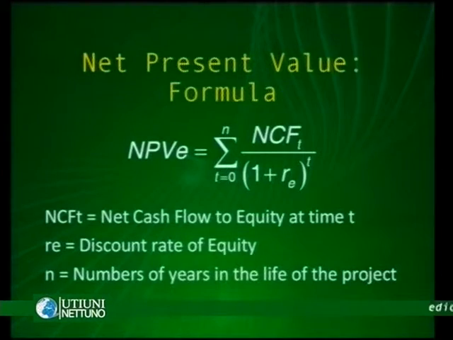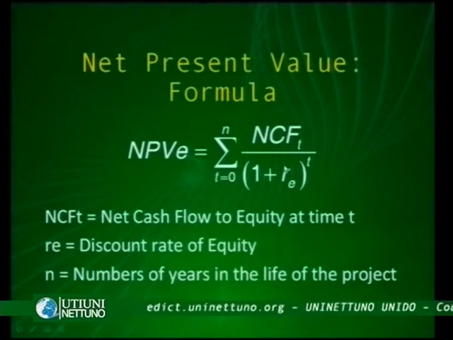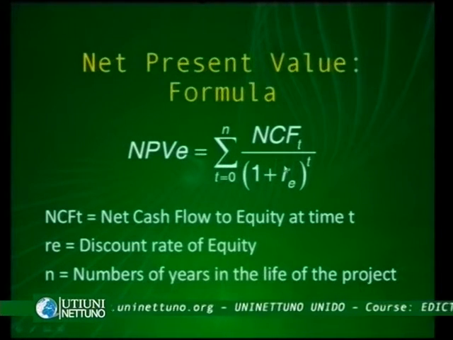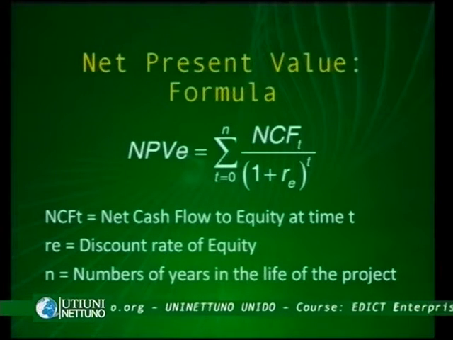The second difference as compared to the net present value to the total investment is that here the appropriate discount rate is not the discount rate for total investment, but the discount rate of equity.